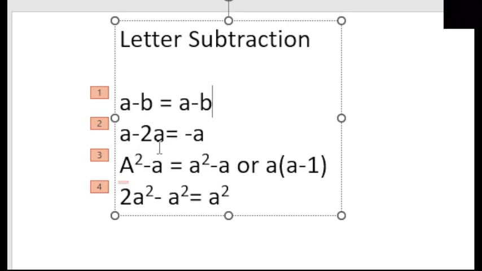A minus 2a, so the sign is a minus. You can subtract these now. That has to be subtracted because this is a plus and this is a minus. And if you put a bracket, that's actually a plus 2a. So in subtraction, what happens is you change the sign of the inside.